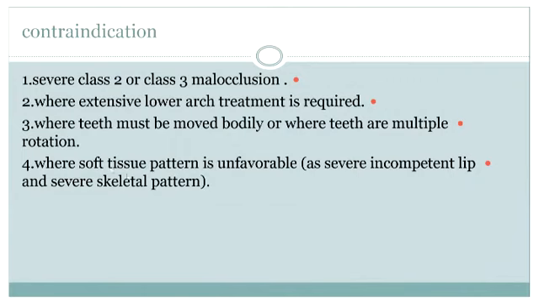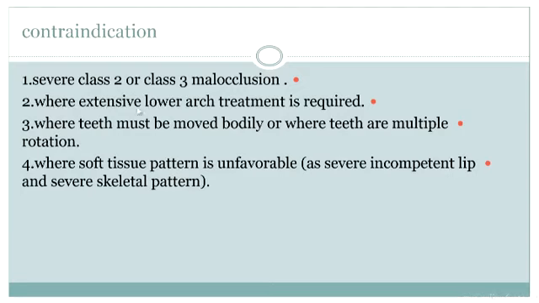Contraindications. The contraindications of this appliance can be summarized in 4 points. Severe class 2 or class 3 malocclusion. Really, severe class 2 and class 3 need many complex movements, not only simple tipping movement.